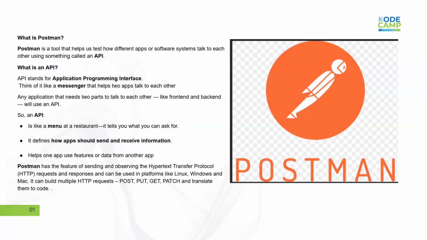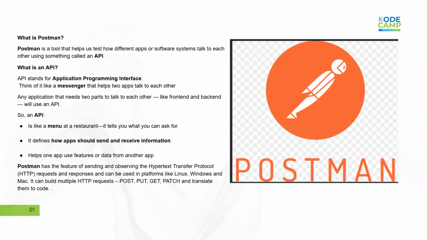You know, we are testers, right? When we want to test our API, it is how our application interacts, how two applications interact with one another, how they communicate with one another. We want to test this flow of how these applications interact with one another. So we need Postman to test.